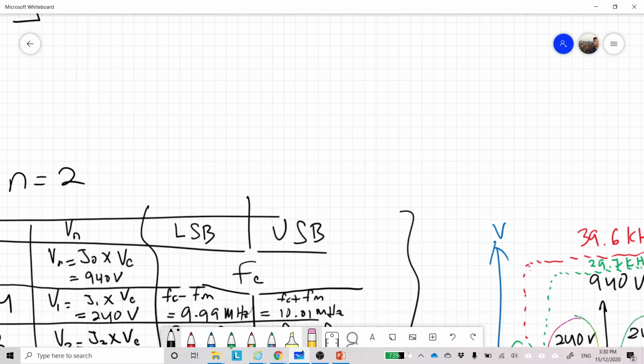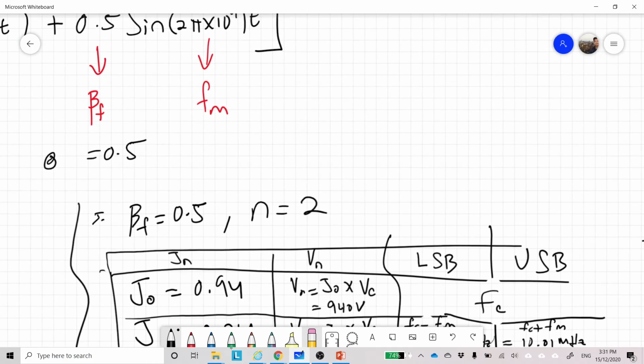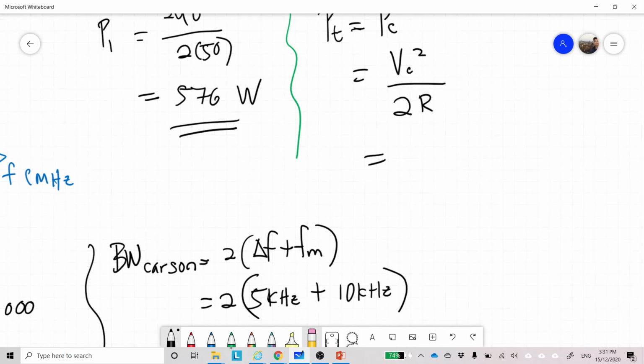Daripada equations ini, VC is 1000. So ni pun kita dah kira tadi, so 1000 square divide with 2 times 50. So you're gonna get, 1000 kuasa 2 dibagikan dengan 100, so you akan dapat 10,000.